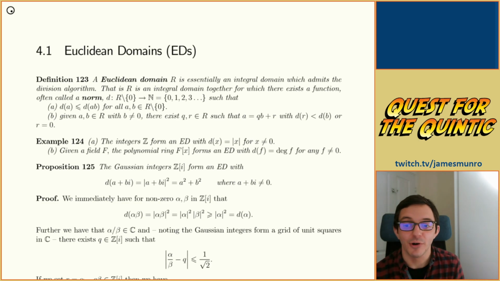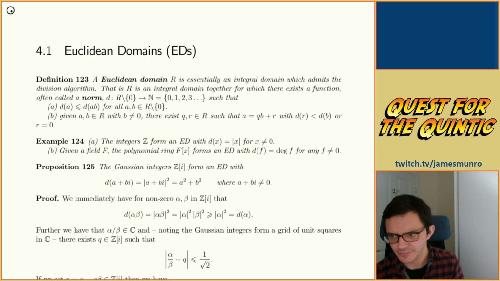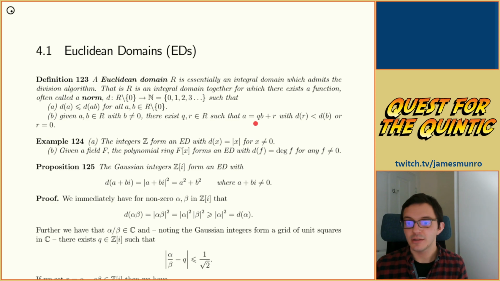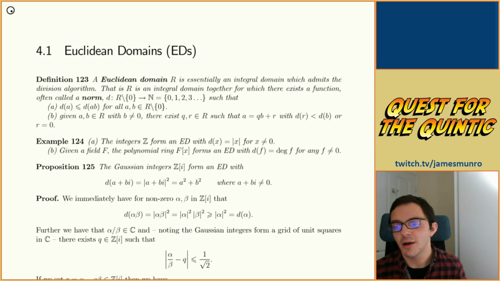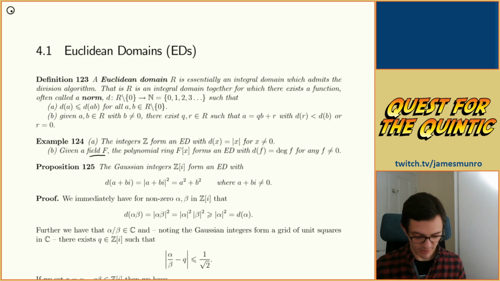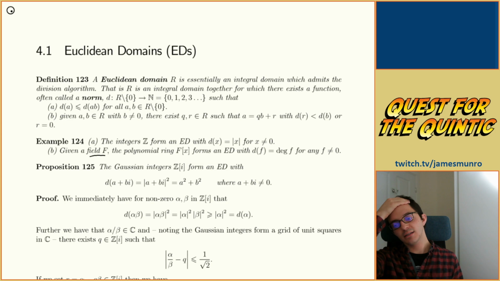Okay, Euclidean domains have got a norm, and you can do the division algorithm on them. You can write A as Q times B plus a remainder R. That's going to be abbreviated to ED, slightly unfortunately. So integers form one of those, and for polynomials you can use the degree of the polynomial. And this says given a field F, I guess.